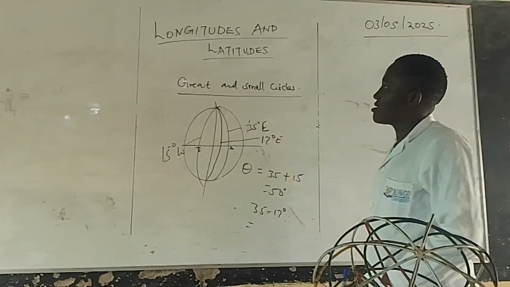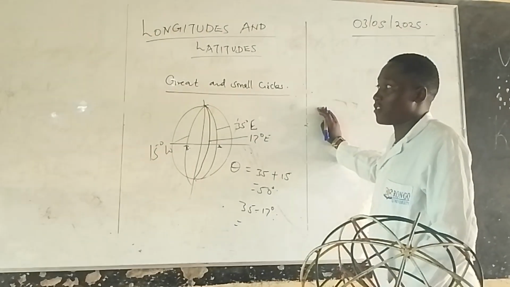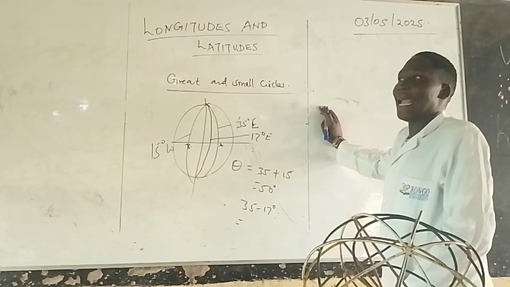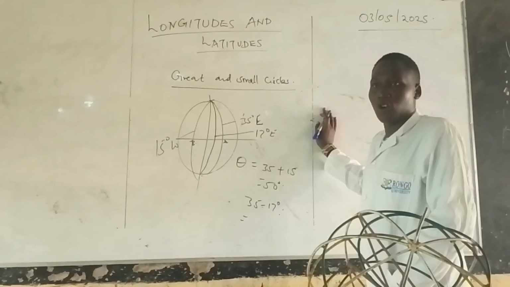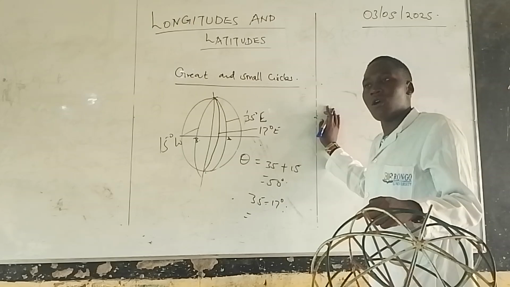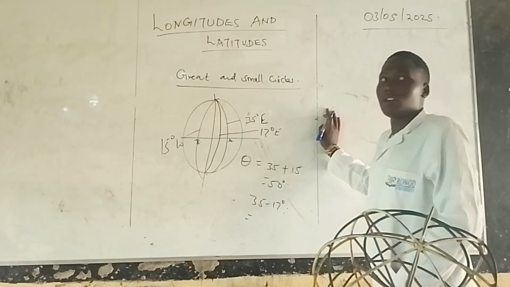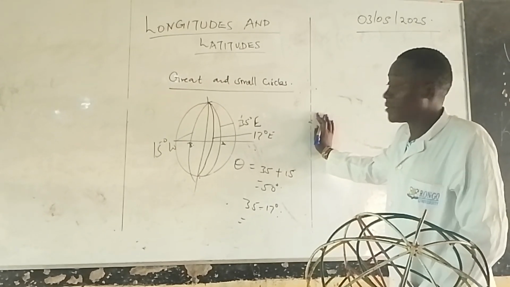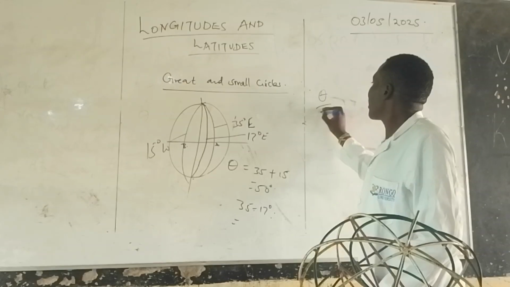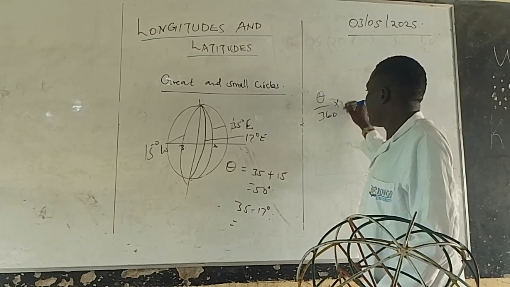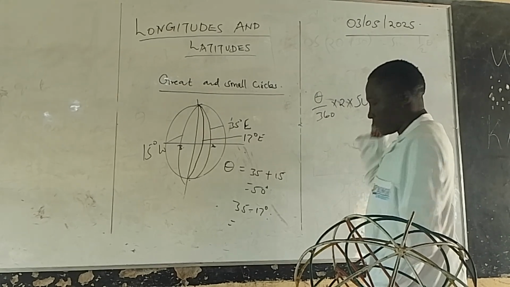The next thing that is of essence is for us to get the formulas to calculate the distances in kilometers and in nautical miles along the great circle and the small circles. Along the great circles in kilometers, we calculate it as theta, which is the angle difference, over 360 times 2 times pi times r.